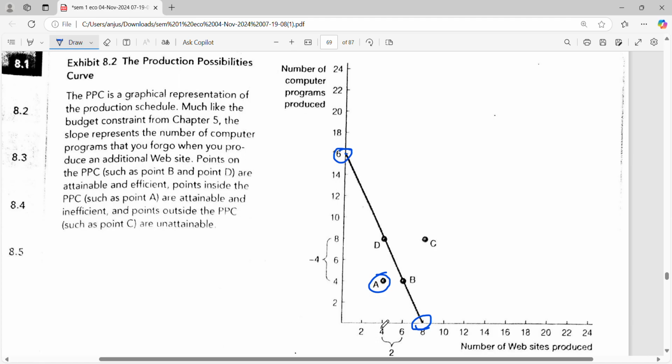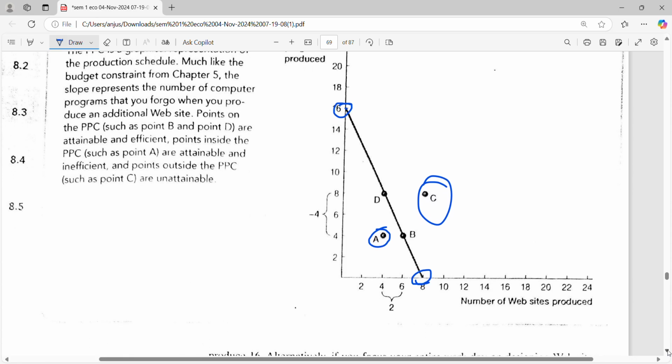That is what the core of economics is about. You have to use your resource in its highest satisfying or possible way. So in A, that is lacking. So A is inefficient. And the points beyond the PPC, here C, it is unattainable.